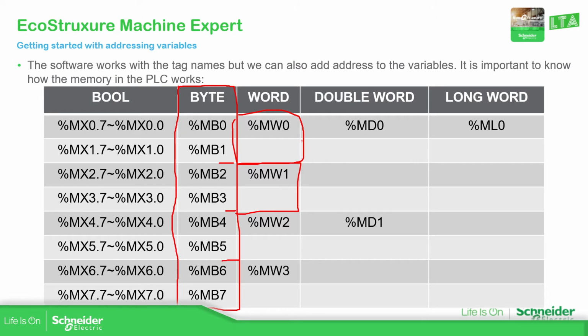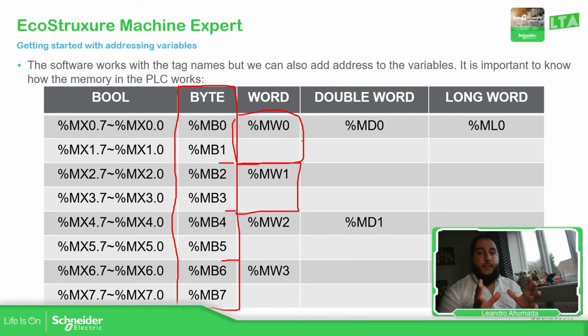So just to have an idea how the sizes of the variables that we've seen before relate to the memory of the PLC. If you have a double word, the double word has 32 bits, which belongs to 4 bytes. So you can see over here the %MD0 has 4 bytes, 1, 2, 3, 4, and the %MD1, which is the next double word, has another 4, 1, 2, 3, and 4.